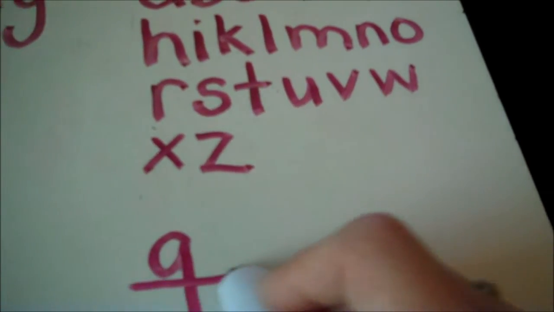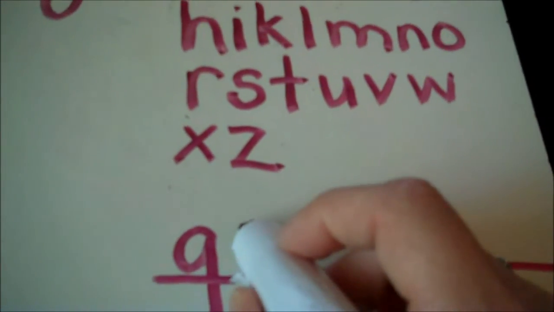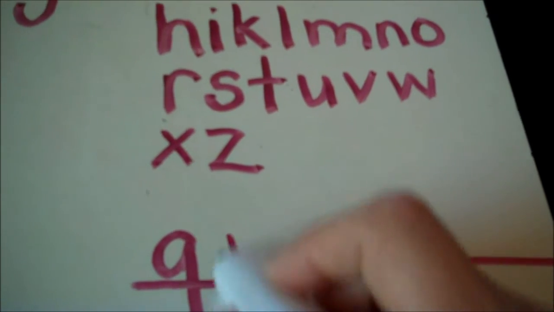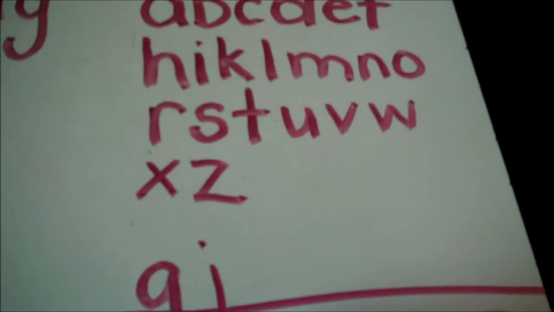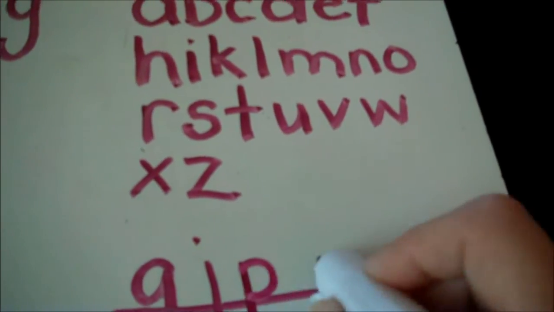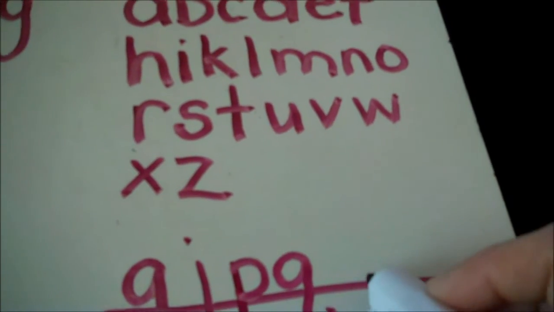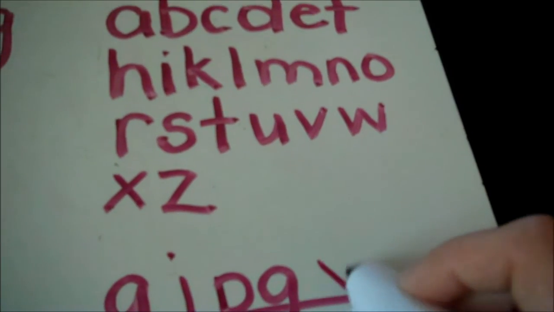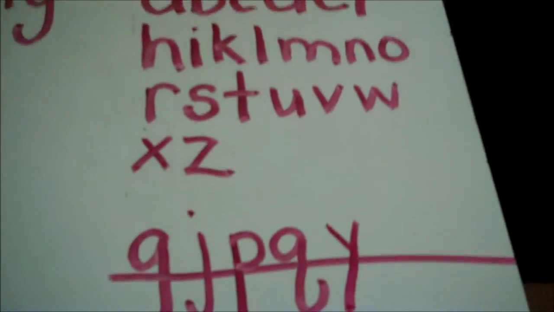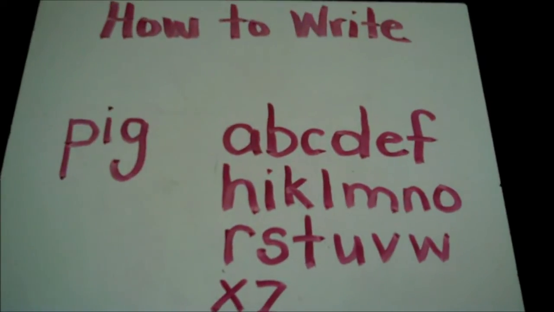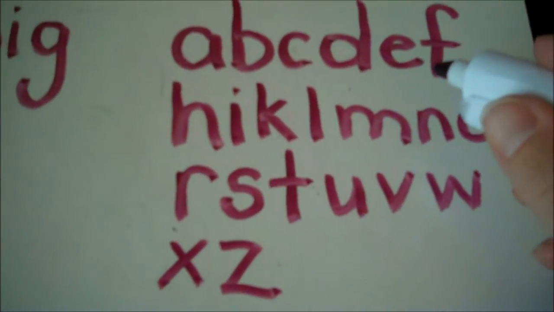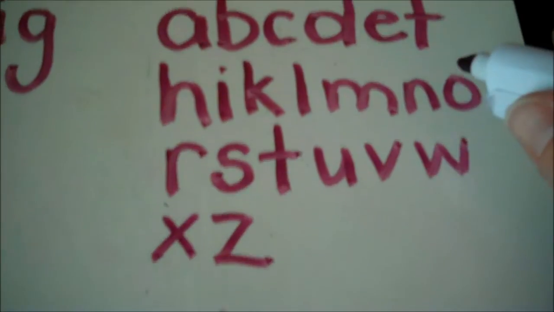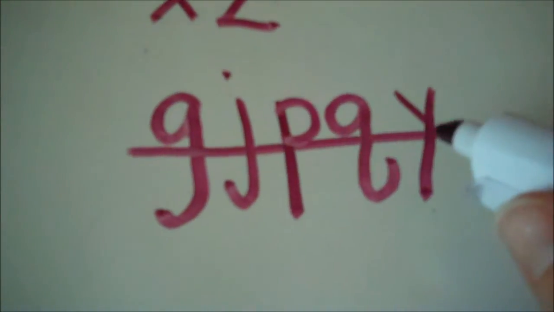So let's pretend there's a line here. H, I, J, K, L, M, N, O, P, Q, R, S, T, U, V, W, X, Y, and Z. So just familiarize your child with letters that are beside each other and letters that hang down.